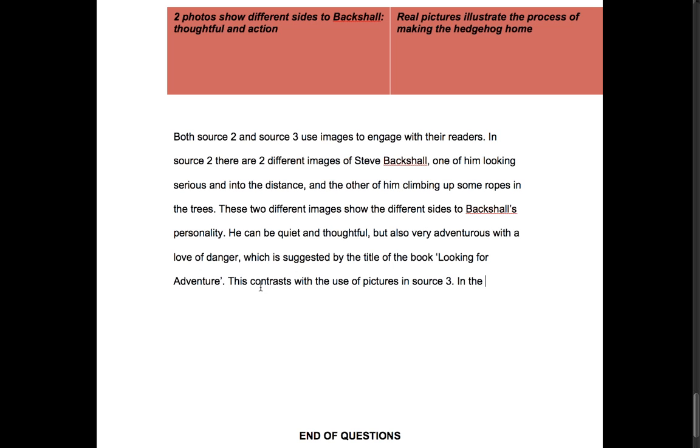In the leaflet, there are 3 pictures of the different phases of building the hedgehog home.